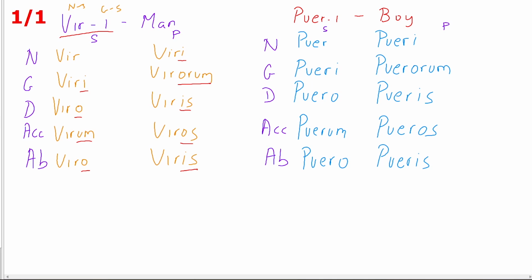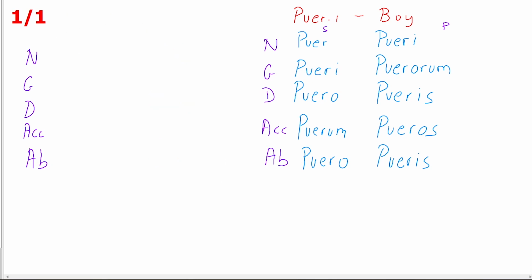Now still there is another complication or a different type. Let's take a look at the word ager, agri, which means field.